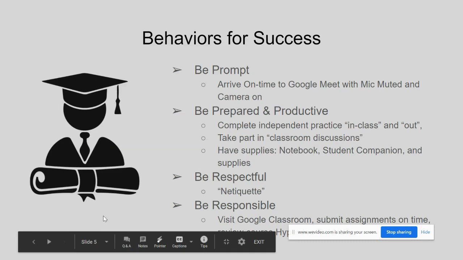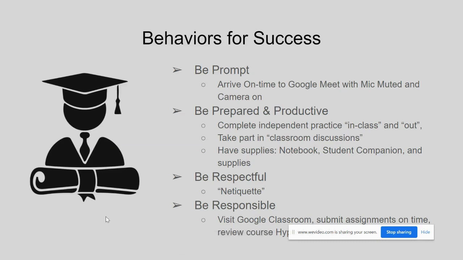Last, when we are in front of the computer, one-on-one or as a group, hopefully they are getting used to being on time with their Google Meet, definitely with their camera on, mic muted, and being prepared and productive.